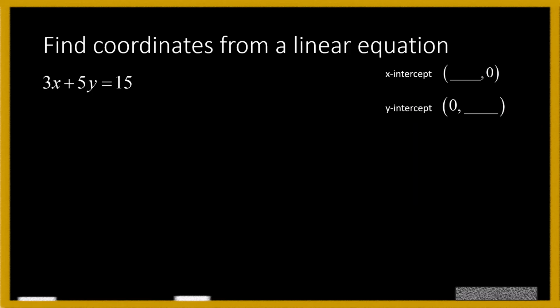Let's take a look at an example: find the coordinates from a linear equation. This is how we can get the x and y intercepts. Here's our equation, 3x + 5y = 15. The key is to understand that the x-intercept always has a y value of 0.